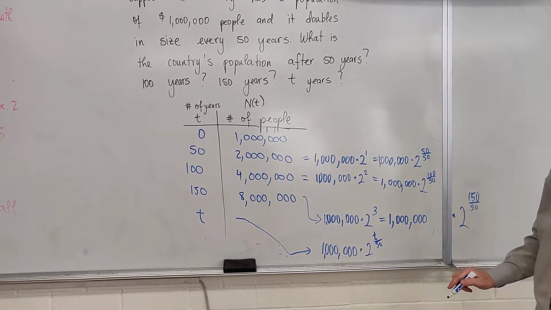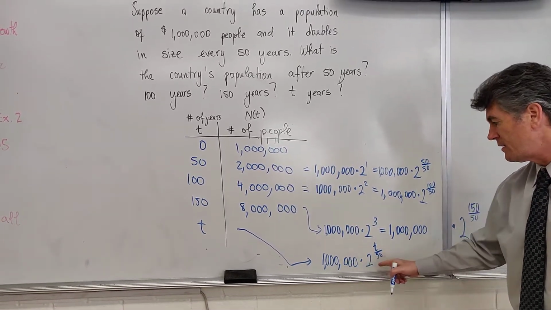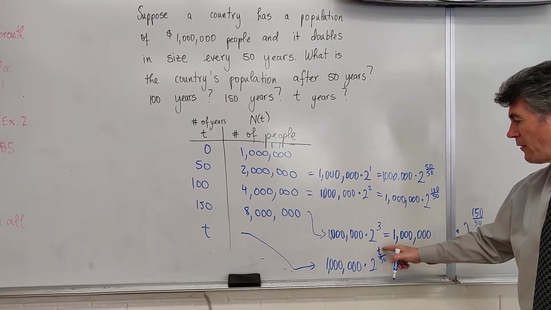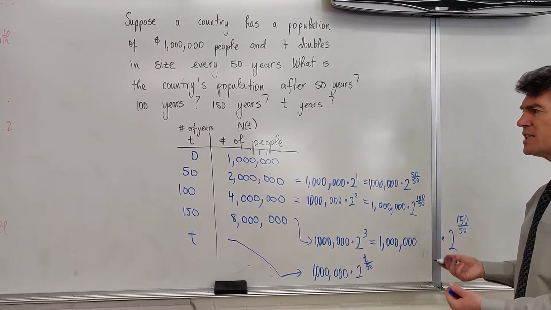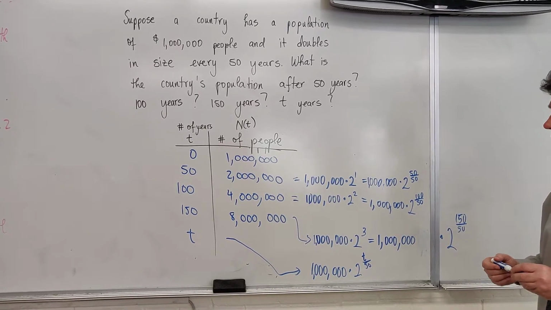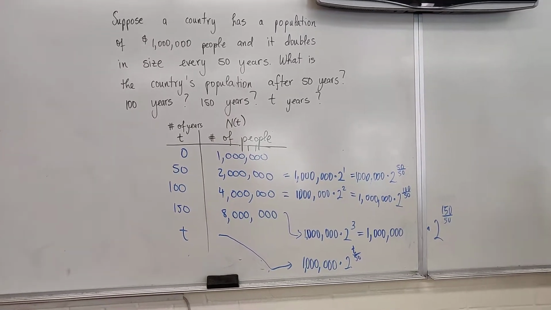So after t years, the population is going to be 1,000,000 times 2 raised to the power of t over 50. So this is just an example, and it leads us to the following formula.